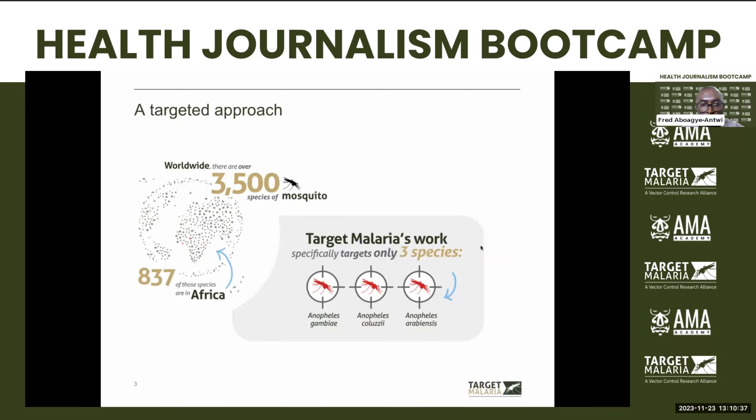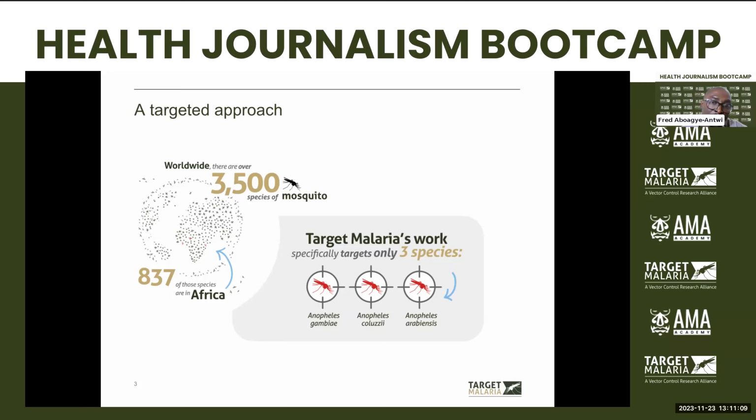So, as you may be aware, malaria is transmitted by mosquitoes. Presently, about 3,500 different species of mosquitoes have been identified, of which 837 are in Africa. And of these, it's just about 40 species that transmit malaria.